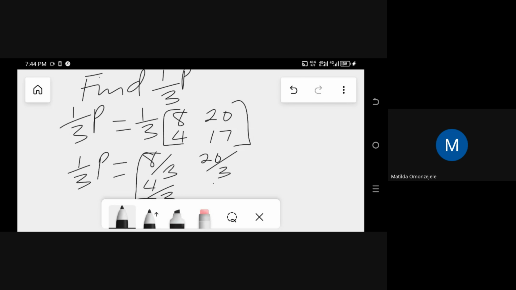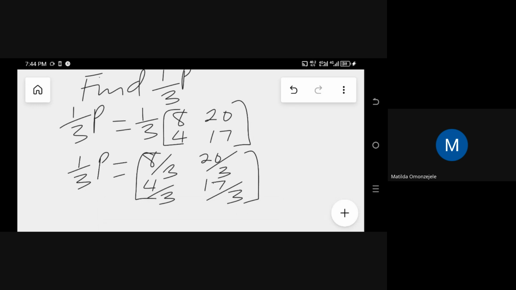Then 1/3 multiplies 17, you have 17/3. So this is your new matrix here.